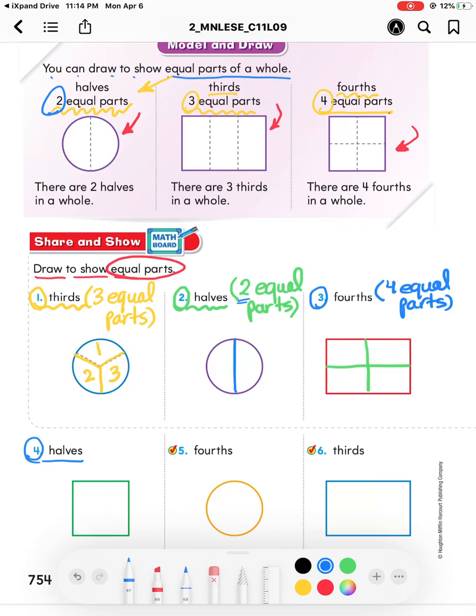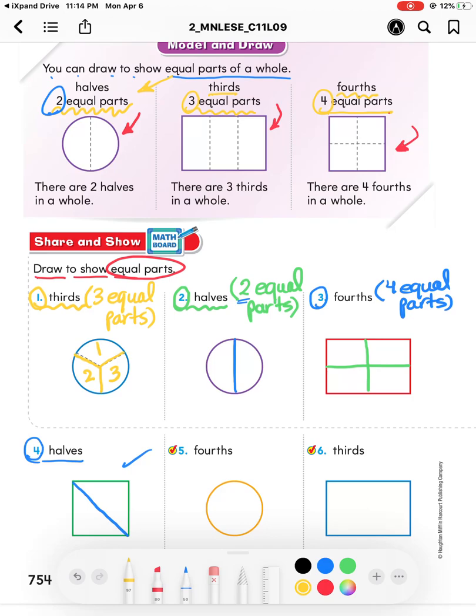Or we can do it like this, and this is also correct, okay? Or you can do it like this, and this is also correct, okay? So as you can see, we have different correct answers for this question. But please take care. They should be equal, okay?